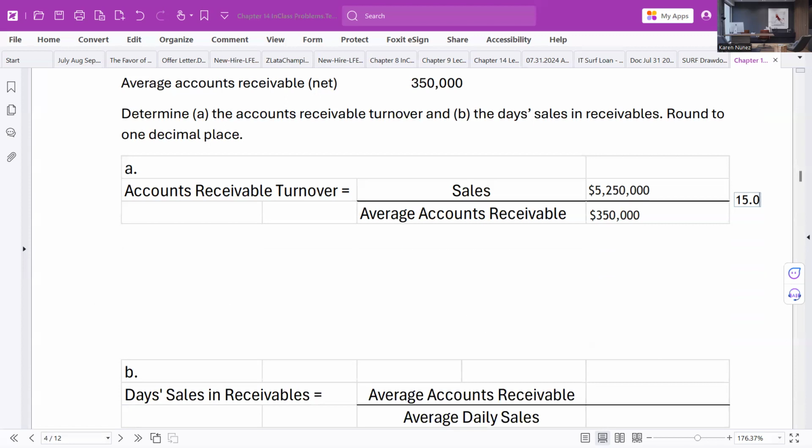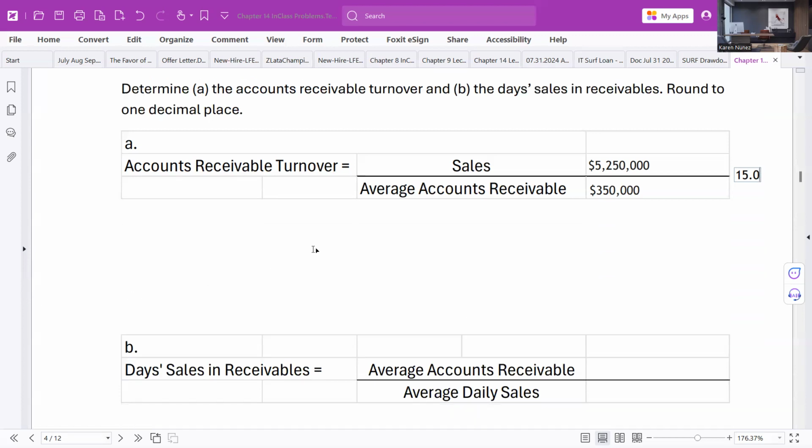Another measure that I think is sometimes just as telling, or even more telling, is the days sales in receivables. It tells us the same kind of information, but we calculate it just a little bit differently. In this case, the denominator from the receivable turnover measure is the numerator in the days sales.